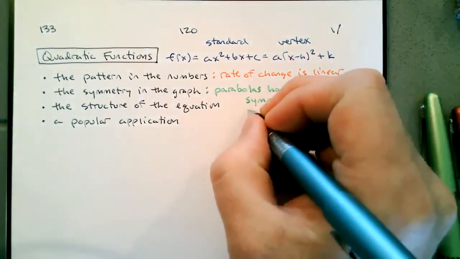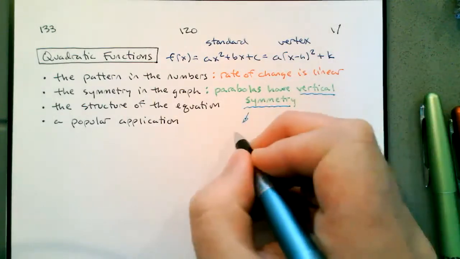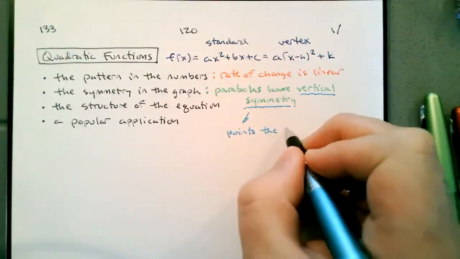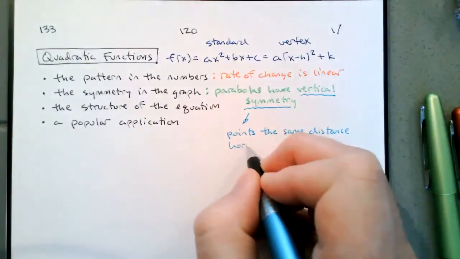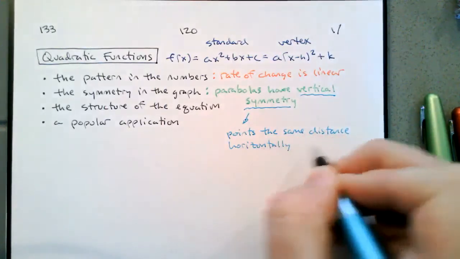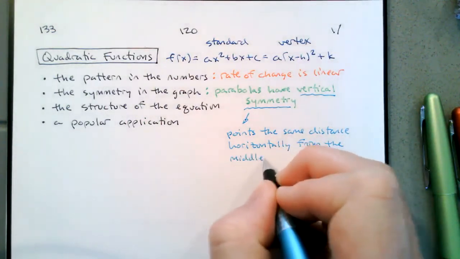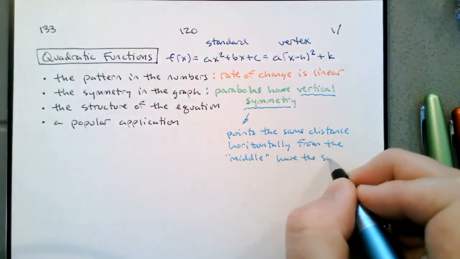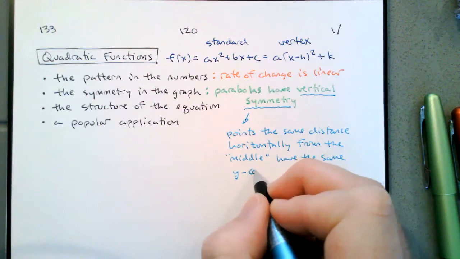So points that are the same distance horizontally from the middle have the same y value, or same y coordinate.